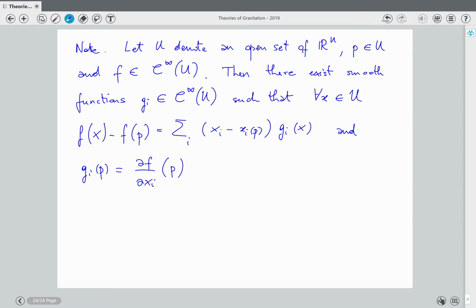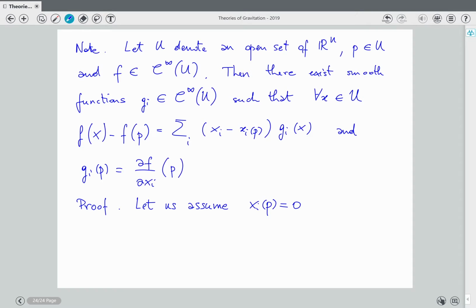So it's very simple to prove that such C infinity functions exist, and here is the proof. It is sufficient to write them explicitly. Let us assume, for simplicity, that the point P has coordinates equal to 0, so that's the origin.